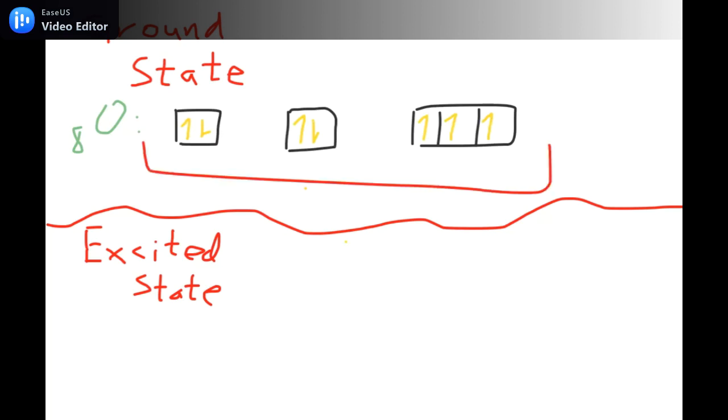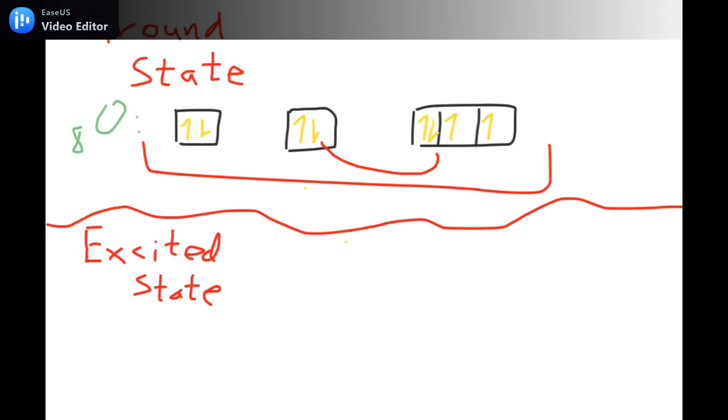But when we provide energy to this, what will happen is that an electron will be transferred from a lower energy orbital to a higher energy orbital. 2s is a lower energy orbital. So one electron is transferred from here. Sorry, I made a mistake in the configuration. There will be one downward spin over here to complete the 8 electrons.